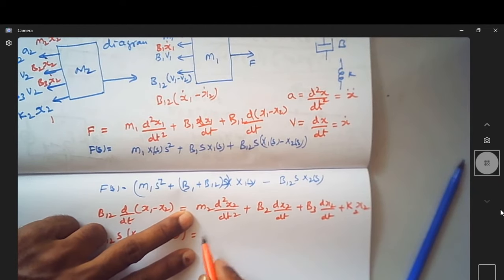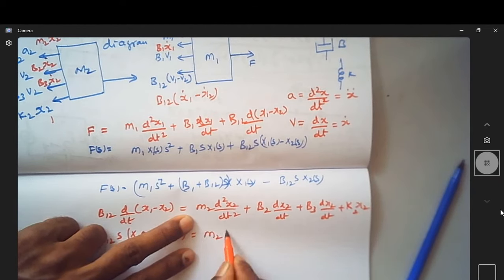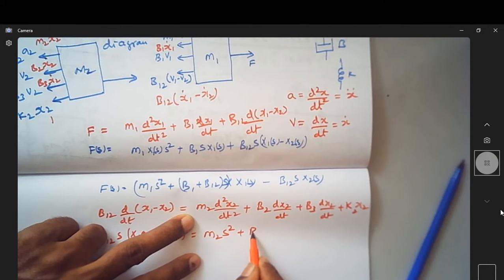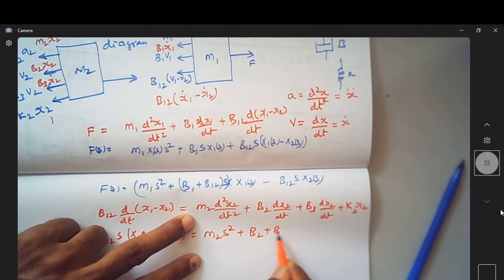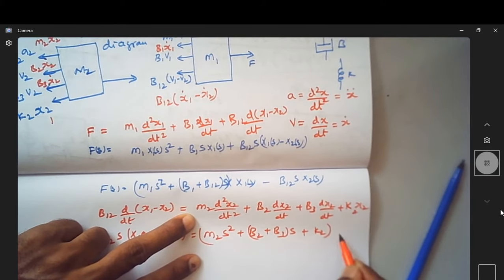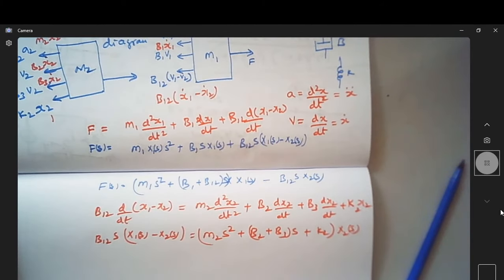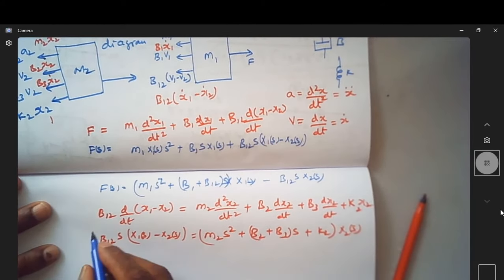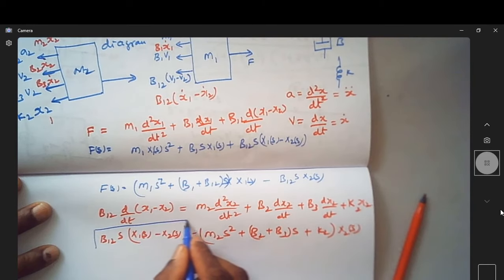I can write m2 s square plus b2 plus b3 s plus k2 into x2 of s. So this is my final transformation.